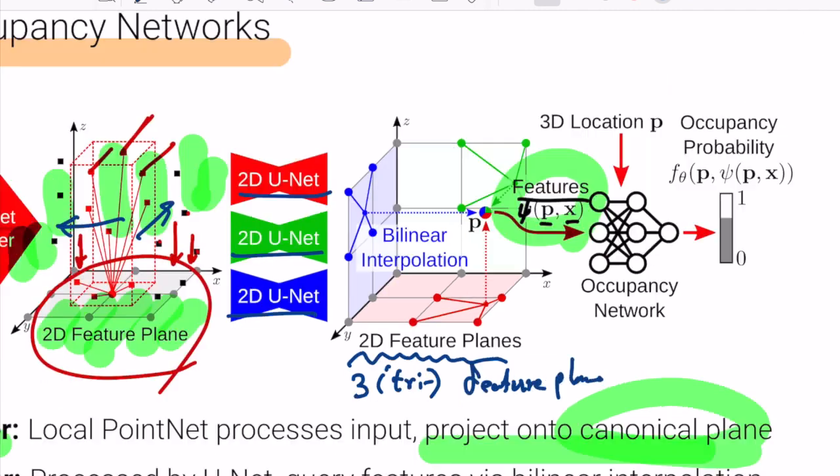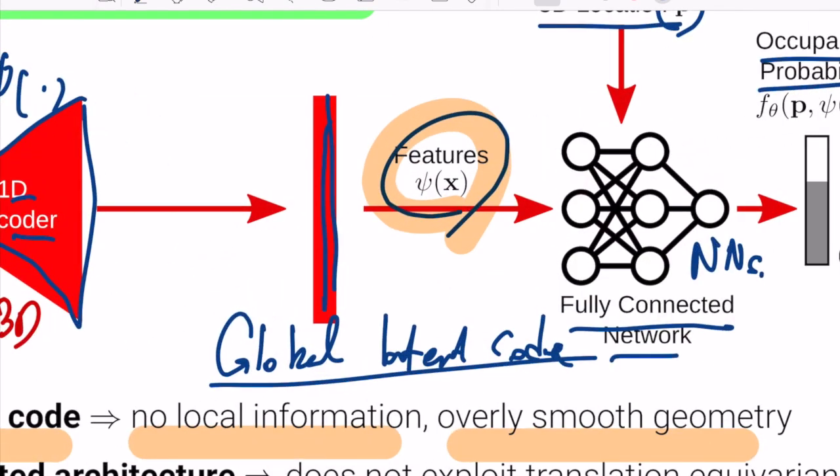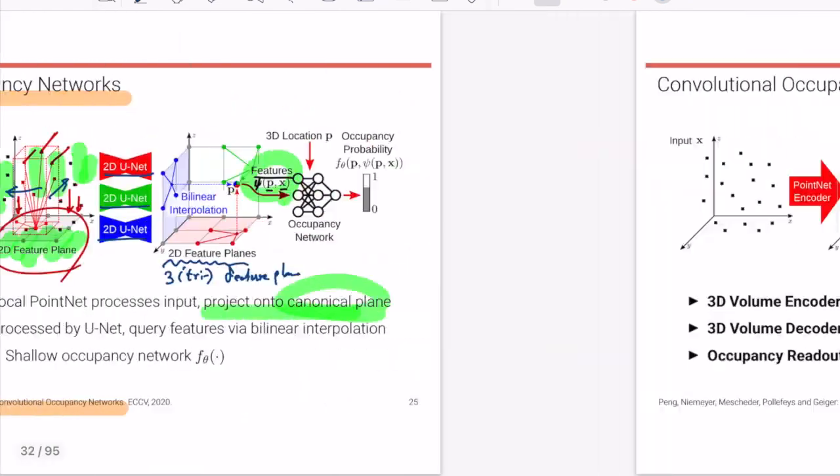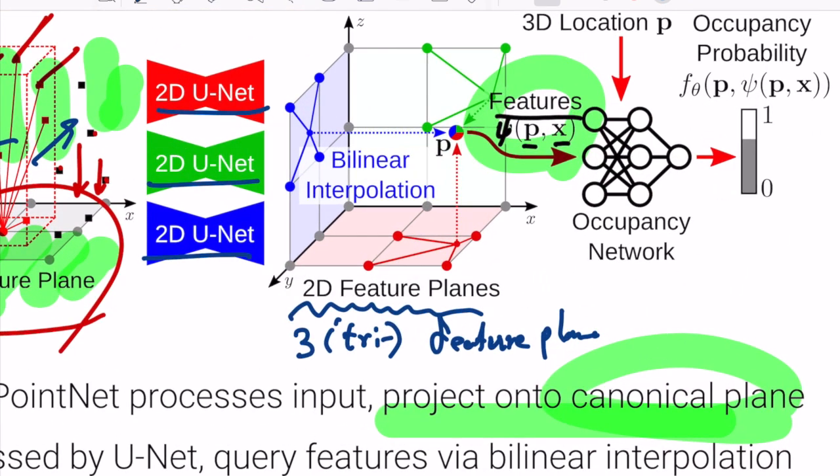So compared to just the 1D vector in the original occupancy network, because this is a feature map, not just a feature vector, the feature map contains the local information.